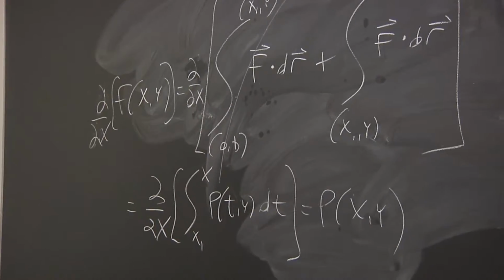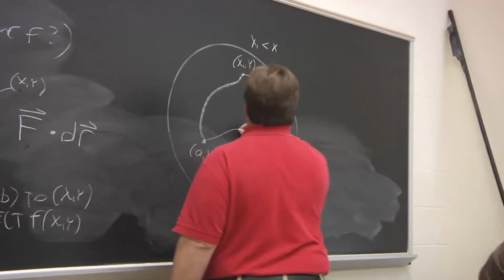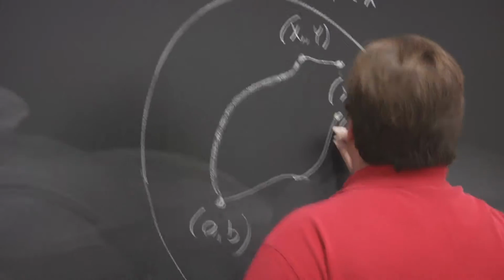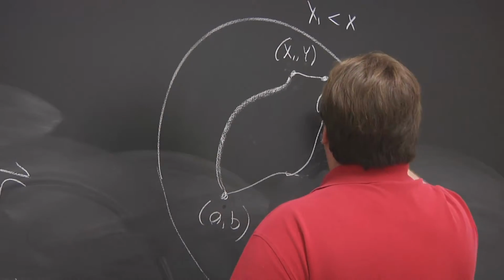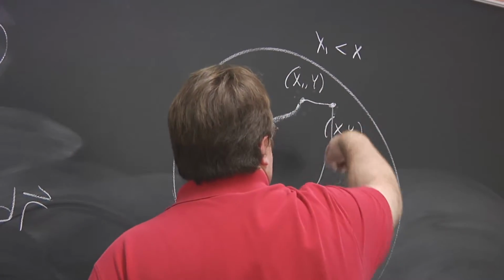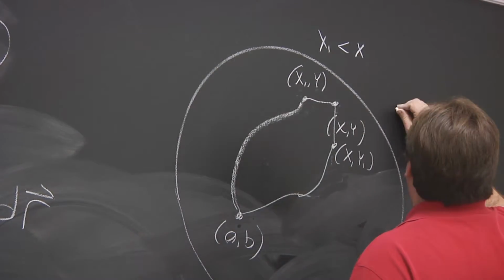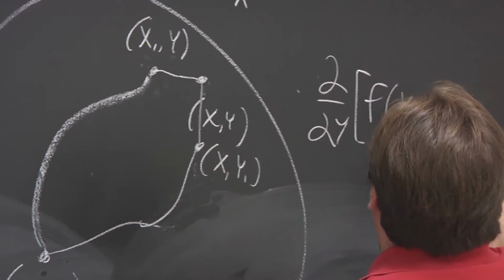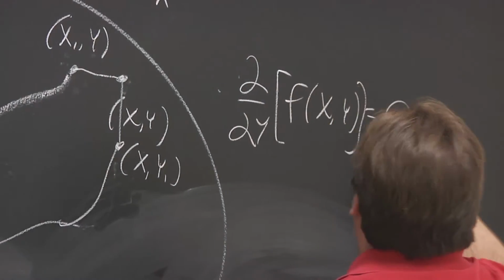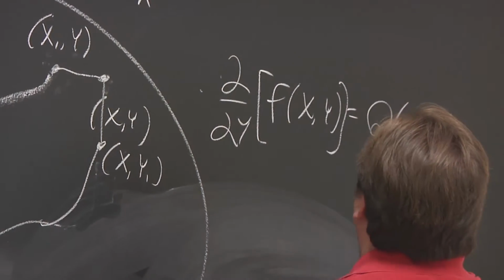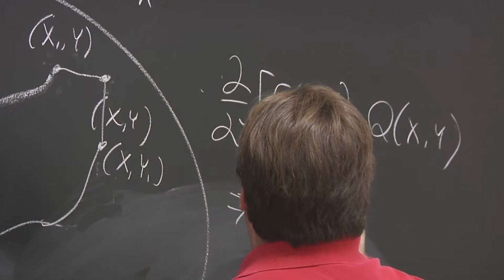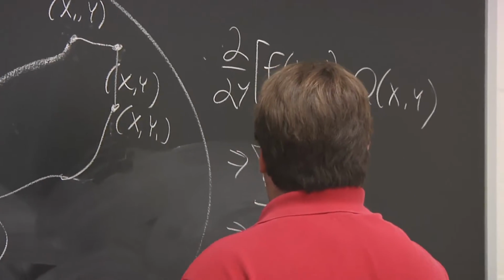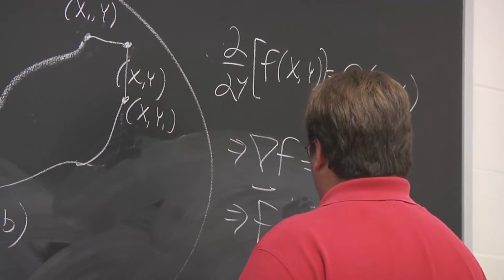Whereas if you choose a different path, maybe from here to here, to point (x, y1), and then integrate along a vertical line segment, you do the same thing and you get that the partial with respect to y of f(x, y) turns out to be the y component of this vector field. So the gradient of little f turns out to be big F. So F really is conservative.